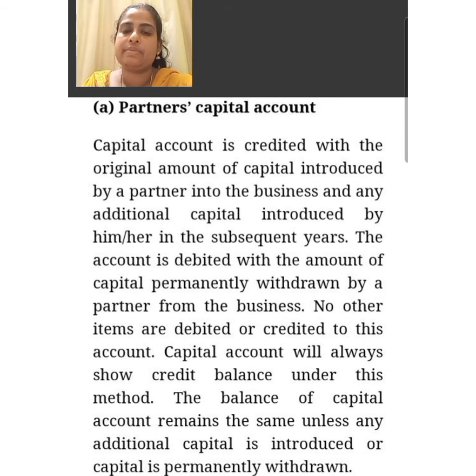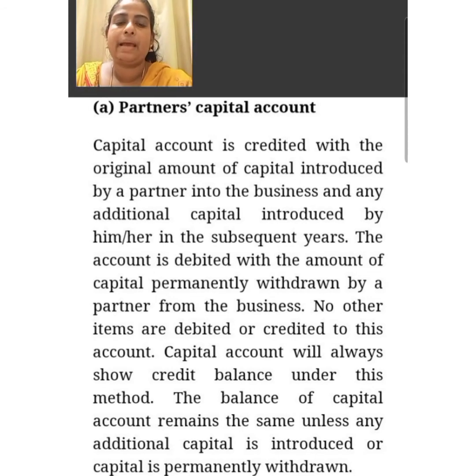No other items are debited or credited to the account. The capital account will always show a credit balance under this method. The balance of the capital account remains the same unless any additional capital is introduced or capital is permanently withdrawn.